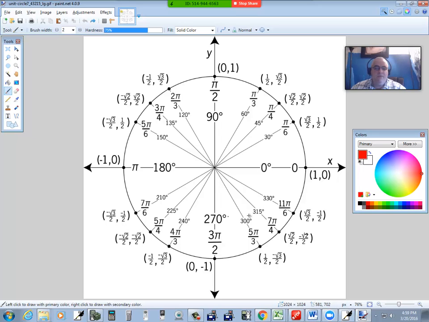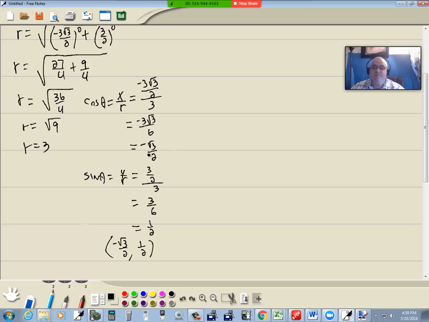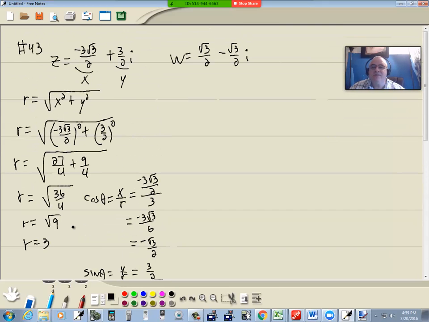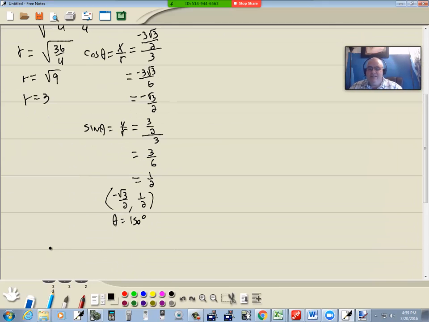It's like right there. And I want to choose 150 degrees. So theta is 150 degrees. Putting it in their notation, whatever we're finding here, what was this? This is z. Z is going to equal 3 CIS 150 degrees.